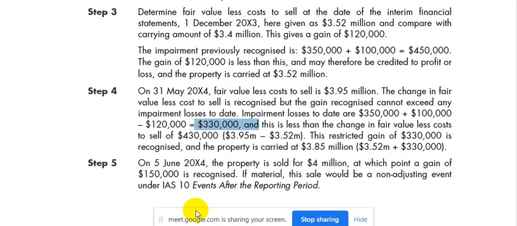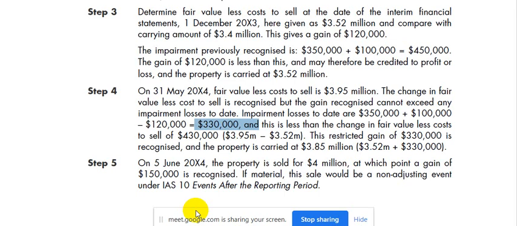So the gain of 430 will be restricted to the cumulative brought forward impairment loss of 330. So our entry for the 330 will be to debit the PPE 330 and credit P&L 330.